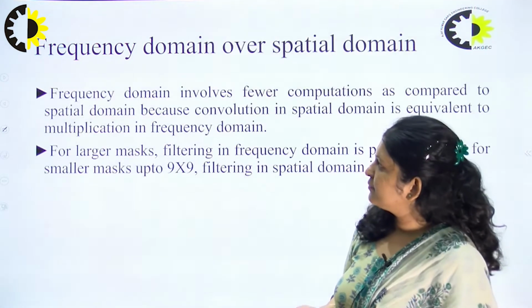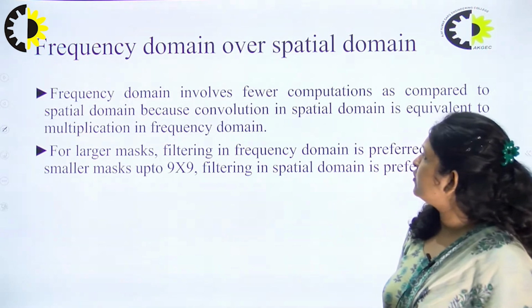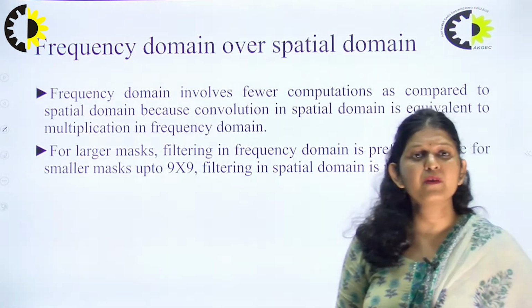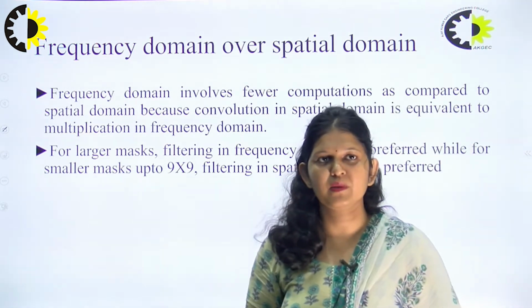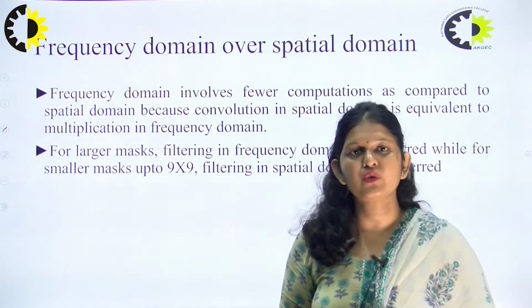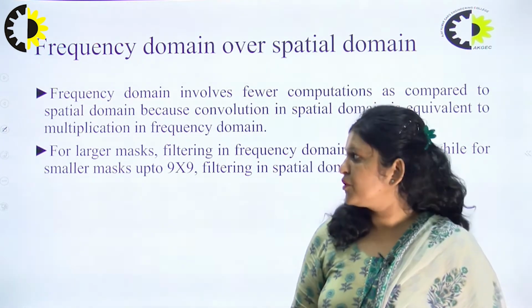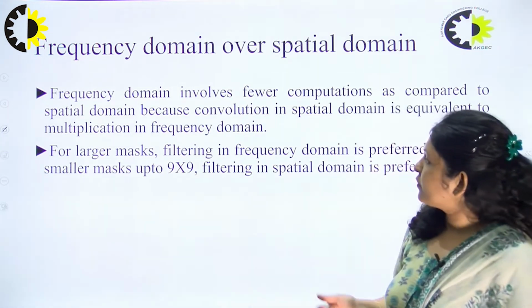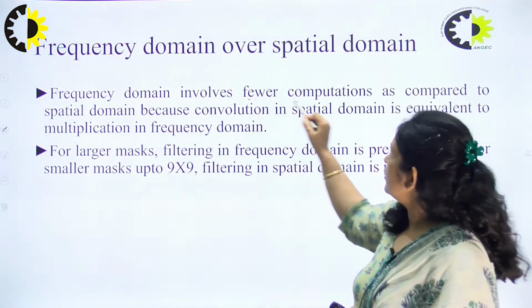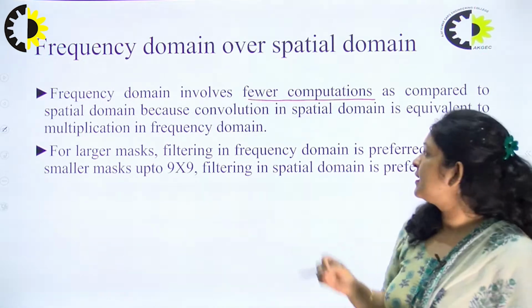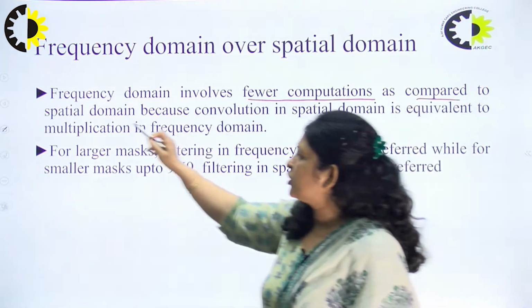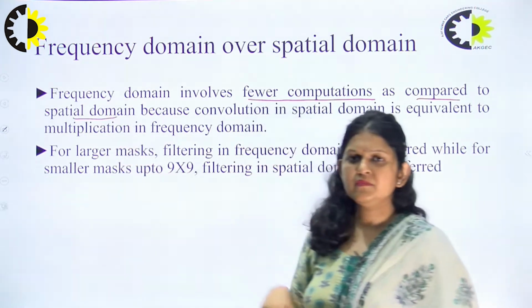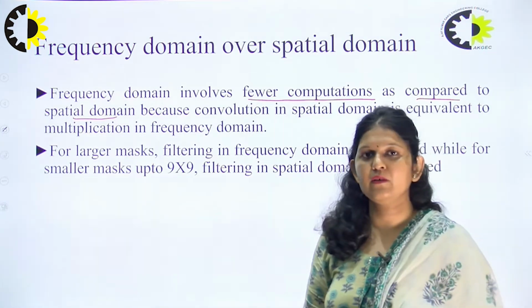Now let's see the frequency domain over the spatial domain. Why do we prefer working in the frequency domain, and in what condition should we go for frequency domain processing in comparison to spatial domain processing? So the frequency domain involves fewer computations as compared to the spatial domain. First thing, that is the number of calculations.